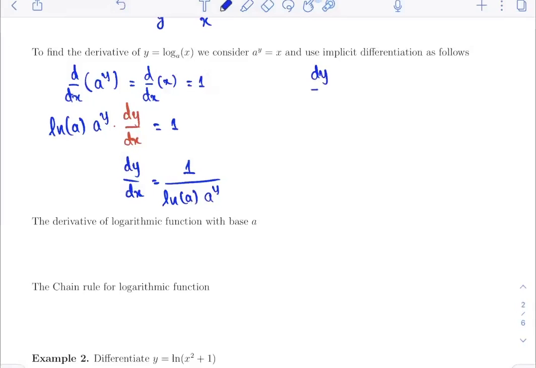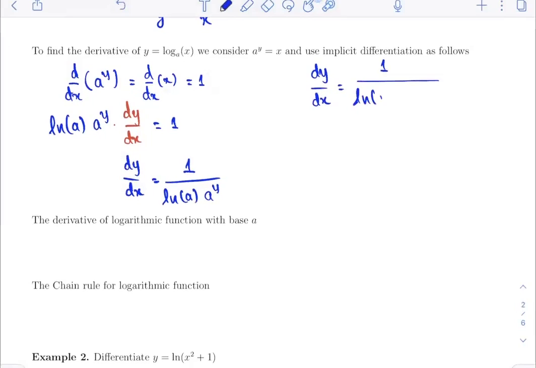We have dy/dx equal to 1 over ln of a times a to the power log base a of x. It's a little complicated for the denominator, but if you notice, a to the power log base a of x is actually a cancellation property, which will give me just x.